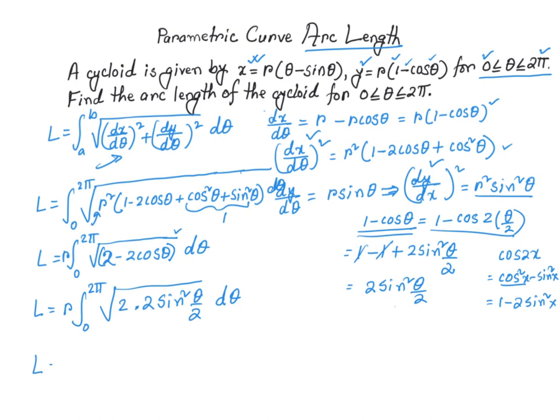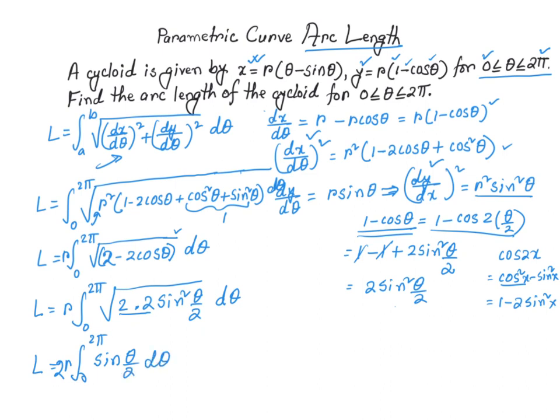Then L is equal to r times integral 0 to 2 pi. Now 2 times 2 is 4 under the square root. If I take it outside, it's going to be just 2. So I can put 2r here. And then I'm going to be left with the square root of sine square theta over 2. That's going to give me just sine theta over 2, d theta.